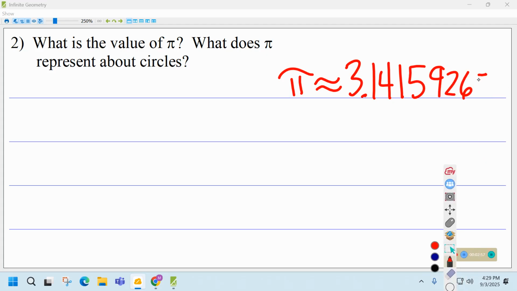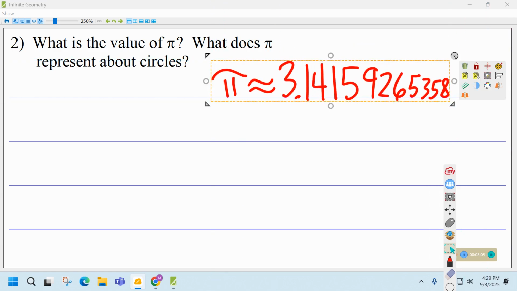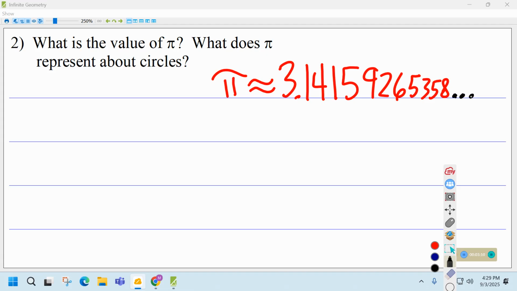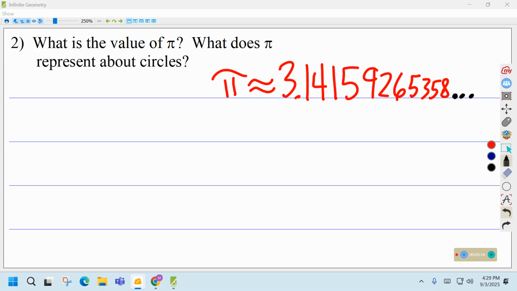So we got 926, 53, 58, and this actually continues. It goes on and on and on, so I'm going to continue that with a little dot, dot, dot notation, and we'll talk about what that means. Those three dots have a special name, and that means that the pattern is going to repeat forever. Some people call it the dotty notation.